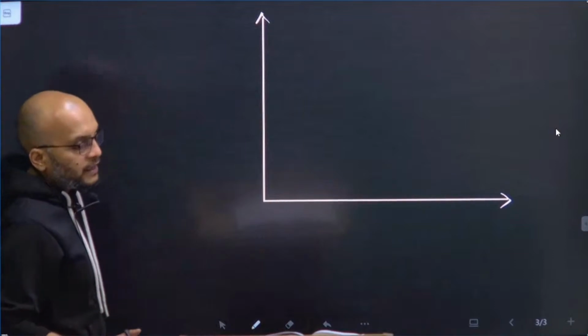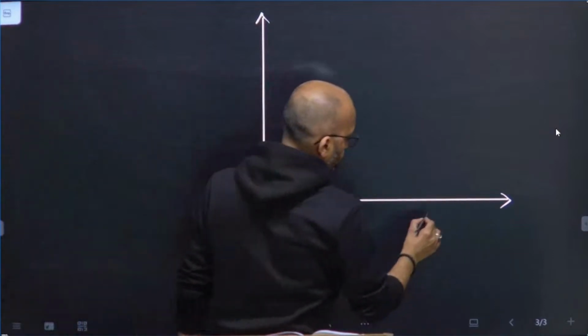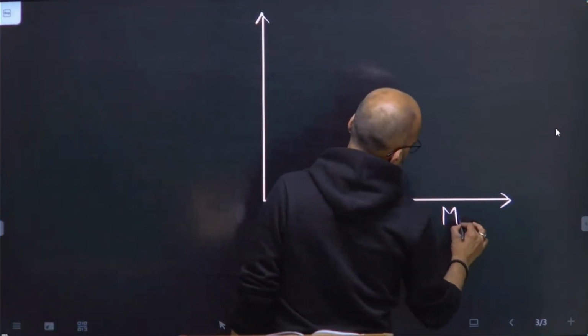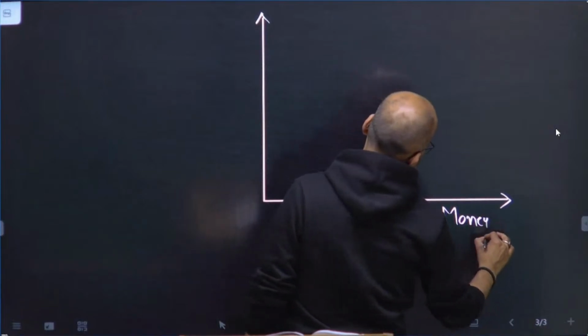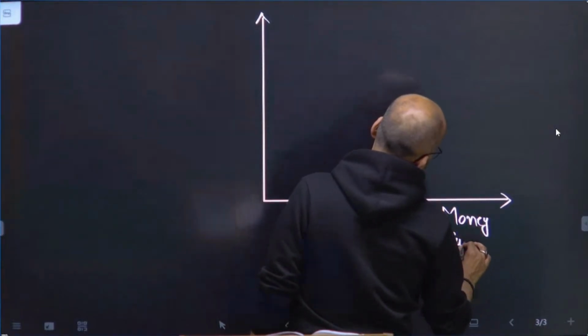This is the curve for exogenous. Along x-axis, I am taking money supply.